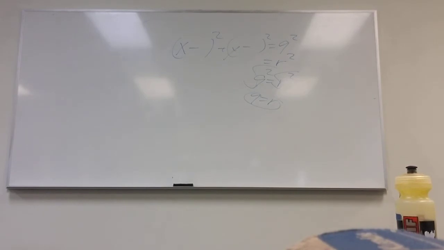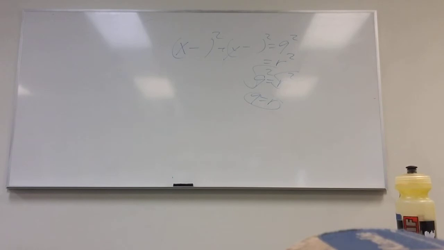Invertibility. Okay, here we go. So I've got 3x squared plus 4. As is, that's not invertible, right? Okay, find if it's invertible.